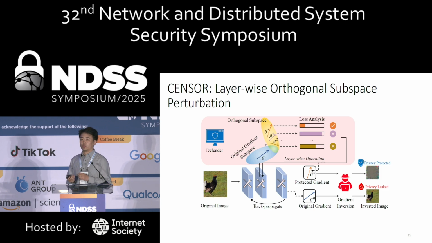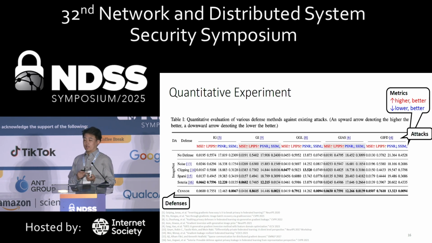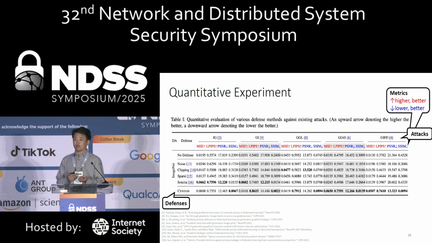Compared to all of the existing defenses like DP, gradient clipping, and gradient sparsification, our method demonstrated the most effectiveness. Here we have the quantitative and qualitative experiments. We test various defenses and attacks on three datasets: ImageNet, FFHQ, and CIFAR-10. Here I take ImageNet as an example.